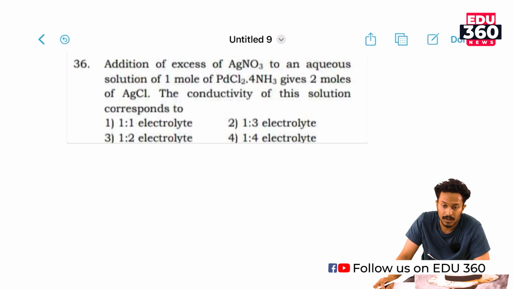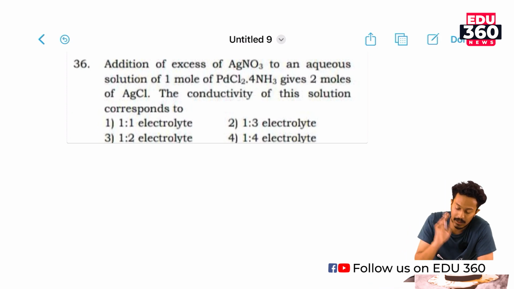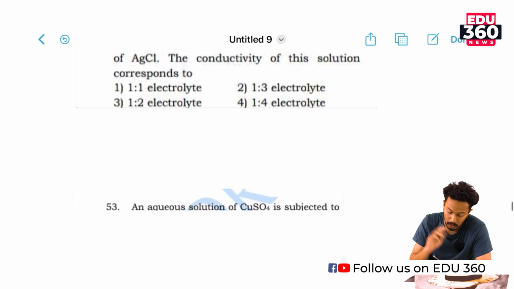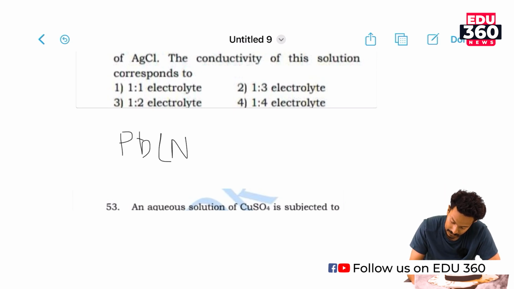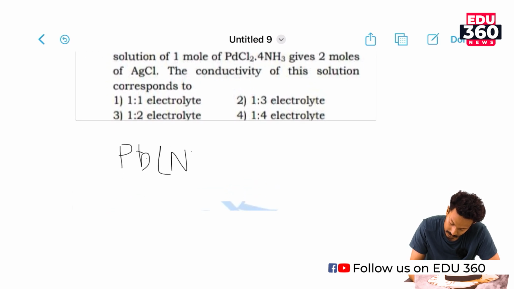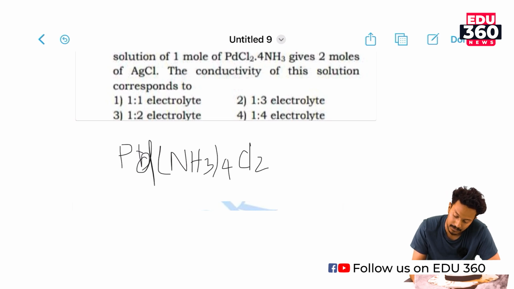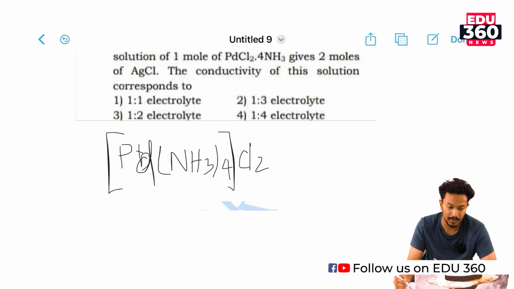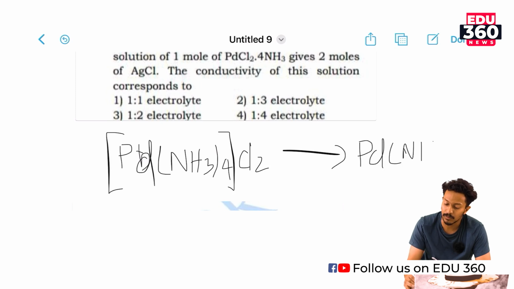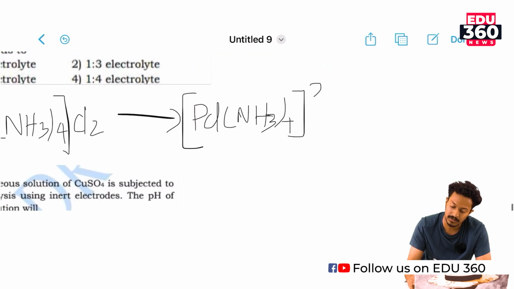Here, addition of excess silver nitrate to the coordination compound, which is Pd(NH3)4Cl2. Okay, this is the coordination compound, which then dissociates to [Pd(NH3)4]2+ and 2 Cl-.